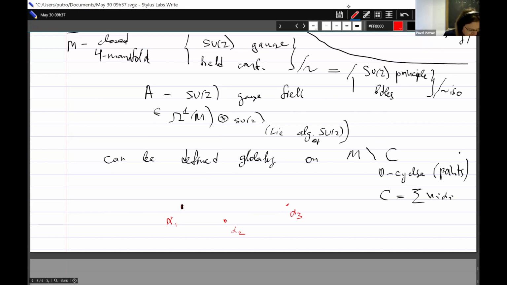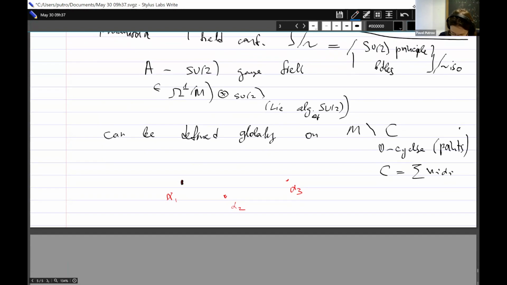And we can do a similar argument. Around each point we can consider small, let me write it as sigma 1, sigma 2, and so on. So sigma i is a small 3 sphere around alpha i.